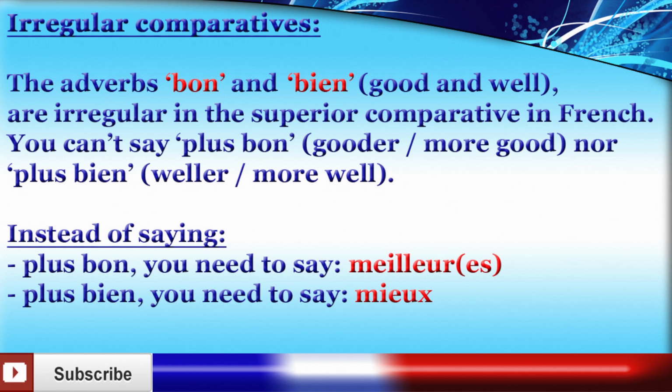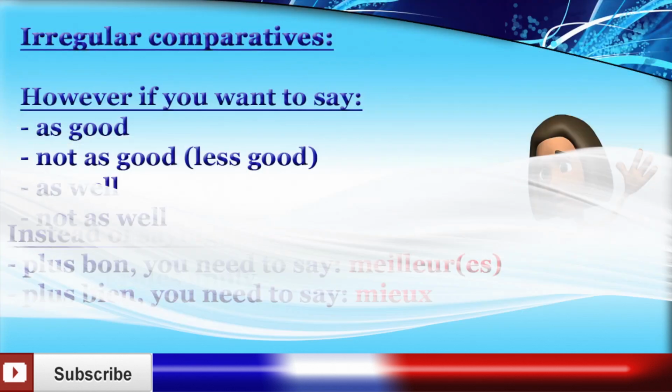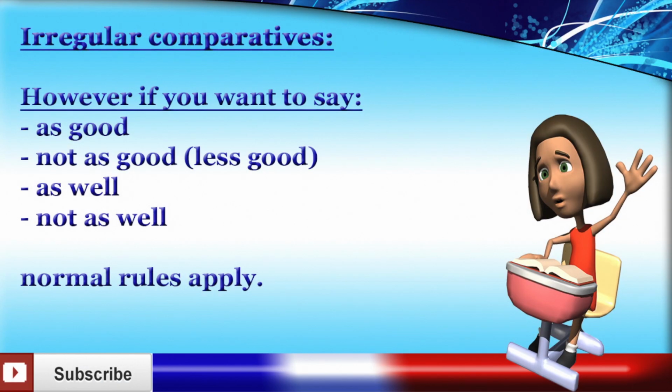Meilleur agrees in number and gender with the subject, whereas mieux is always spelled the same. However, if you want to say as good, or not as good, meaning less good, or as well, or not as well, normal rules apply.